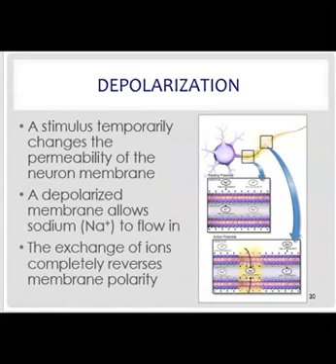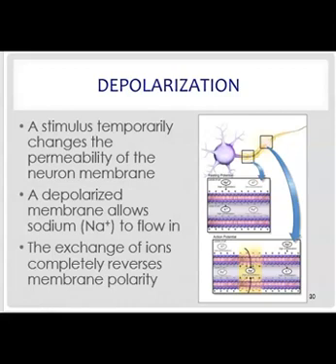What's going to happen is that the permeability of the neuron membrane is going to change. And it's going to actually allow those sodiums that were all on the outside of the neuron to start flowing in. And this is going to cause a change in the membrane polarity.